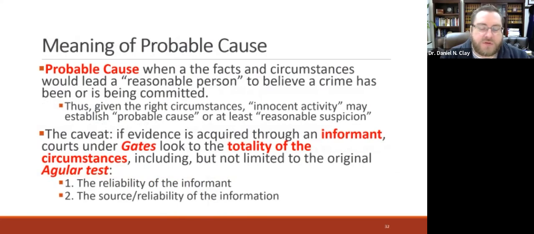So a reasonable person can believe that a crime is being committed even when innocent activity may just make them feel suspicious, to establish probable cause, or at least a reasonable suspicion. One example is a car.